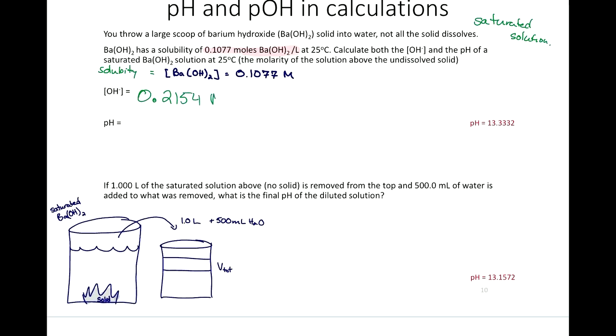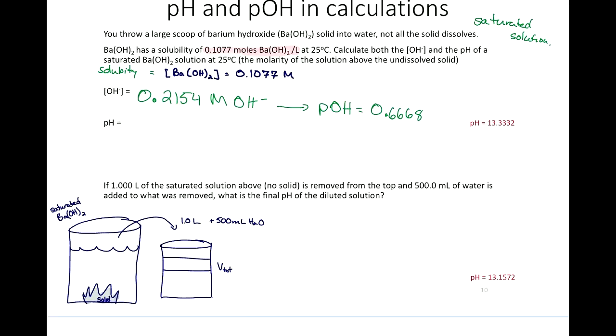It's just double that. So hydroxide concentration is 0.2154 molarity hydroxide. And so then to get our pH, we want to take the negative log of that OH minus concentration. So POH for this example is something real small, 0.6668. So 4 sig figs, 4 decimal places.